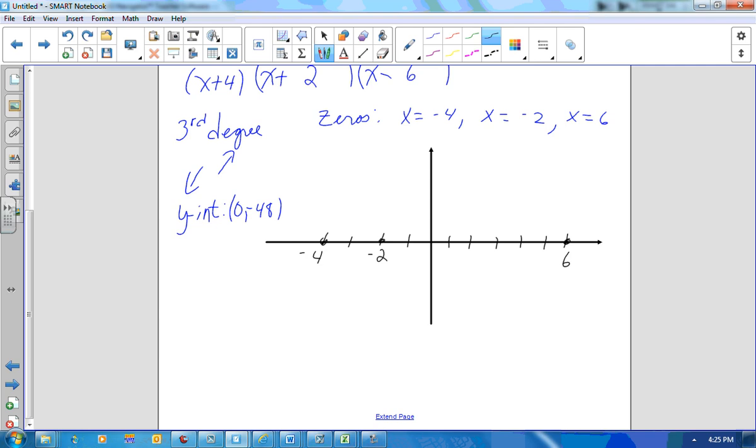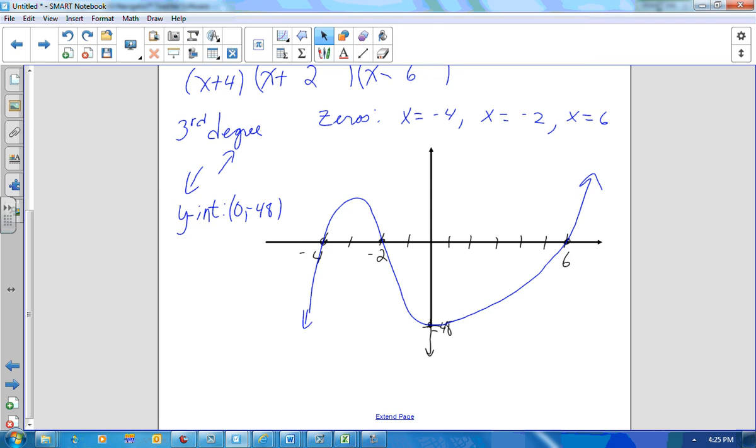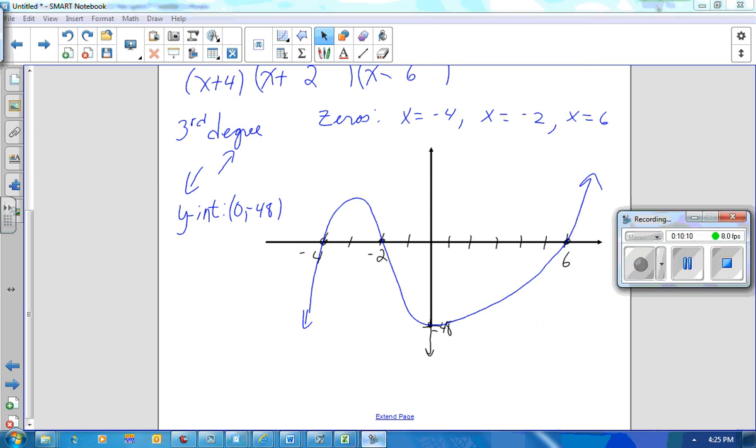I know my end behavior as it starts down goes up. And I've got a y-intercept at -48. Okay, let's put that there. Switch colors. And so we look something like that. Okay, great. That's the end of the lesson on synthetic division.